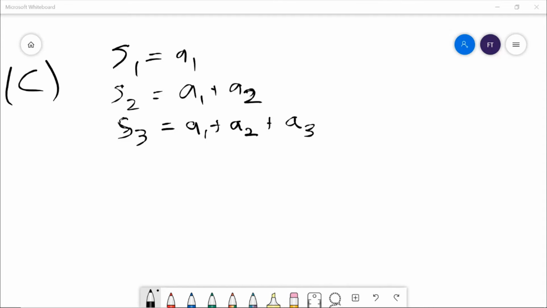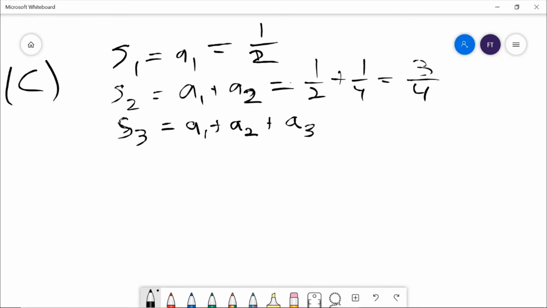Now in part C, once again, we want to look for a pattern in the sequence of partial sums. And so if we look at S1, it's just the first term, which is 1/2. S2 is 1/2 plus 1/4, which ends up being 3 over 4.